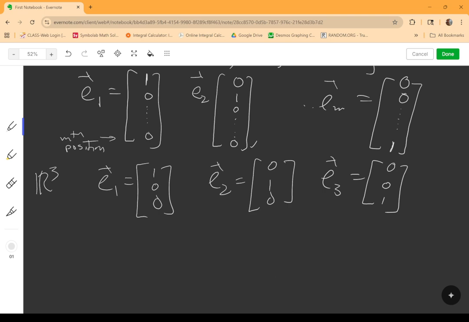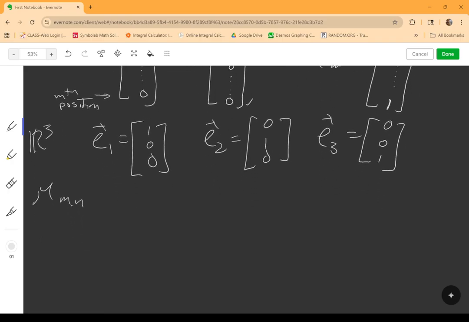Now for matrices, it's a similar concept, matrices of size m by n.